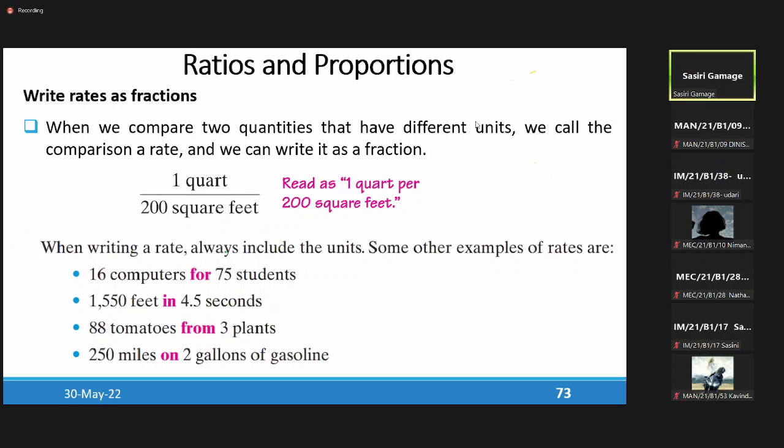What does that mean? One part, below the fraction line, 200 square feet. What does this mean? One part means 1/4 of a gallon, some unit.